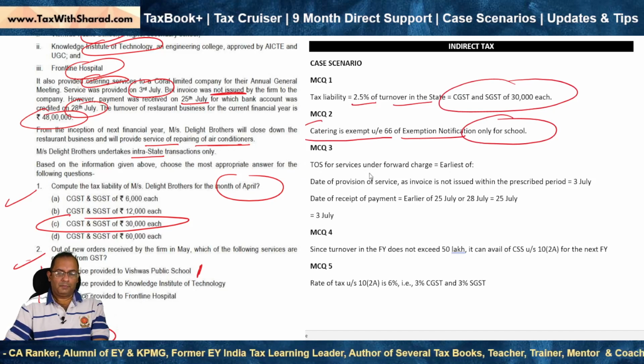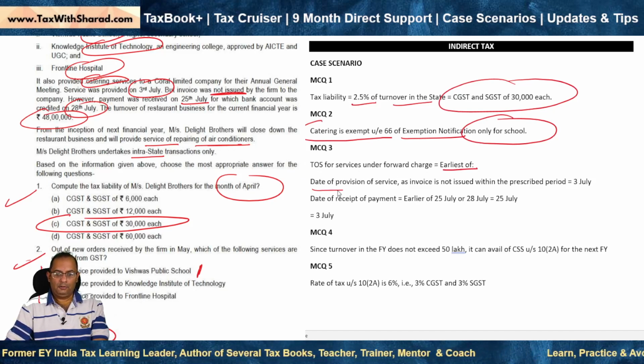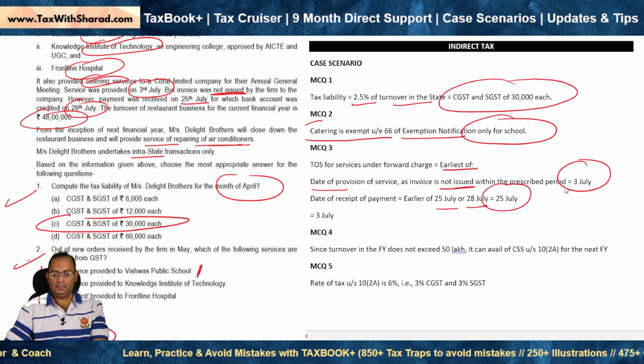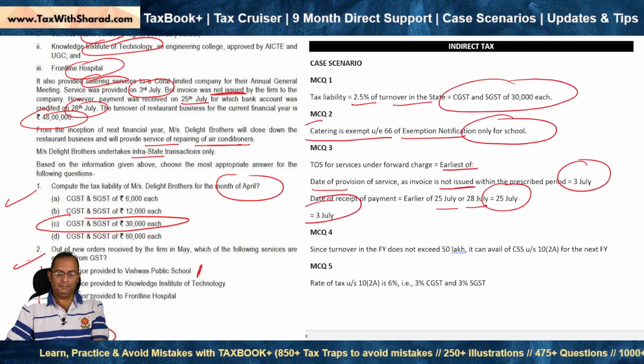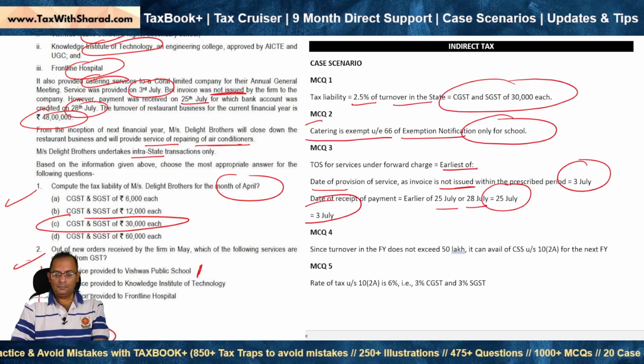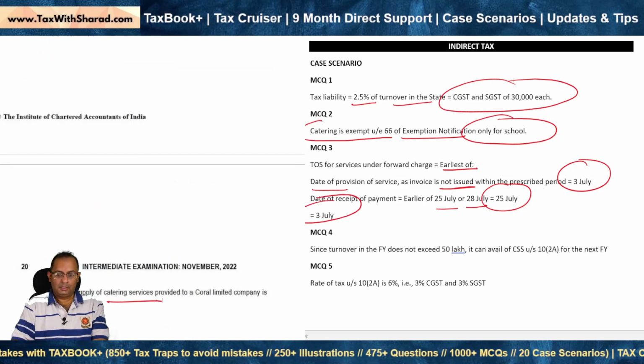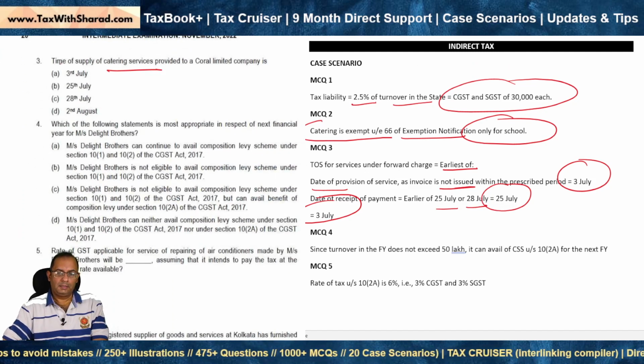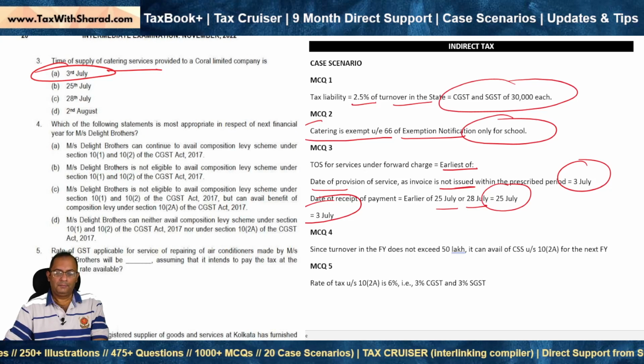So time of supply for services under forward charge is earliest of date of provision of service, as invoice is not issued within the prescribed period, which is 3rd of July, and date of receipt of payment, which is earlier of 25th July or 28th July, which is 25th July. So earliest of these is 3rd July. So the answer to this question is 3rd of July.